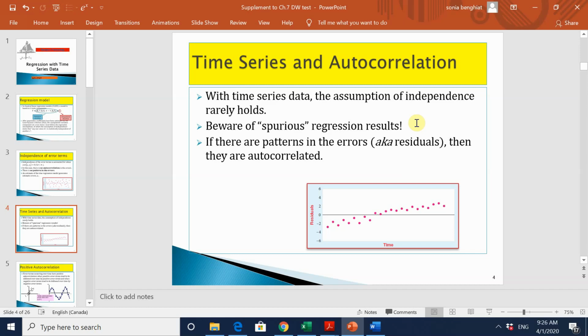Spurious regression results also imply that the predictors appear to be better than what they really are. So looking at the statistics on the predictors here, you might see that the p-values are extremely small, giving the impression that these predictors are very significant in explaining y. But that is also false.